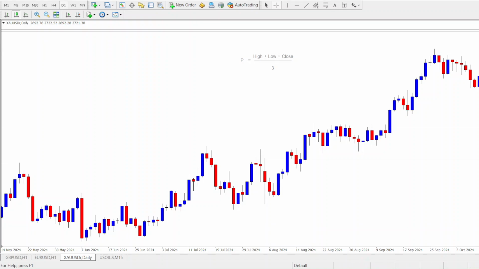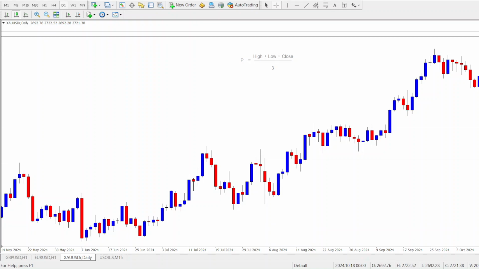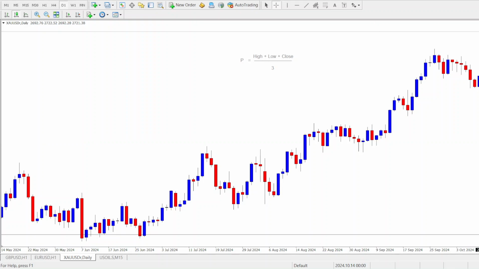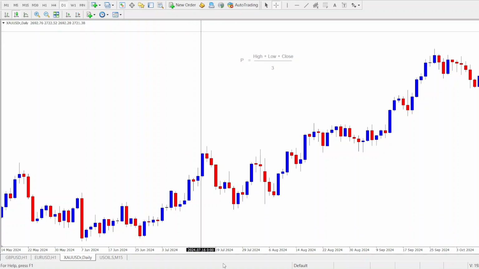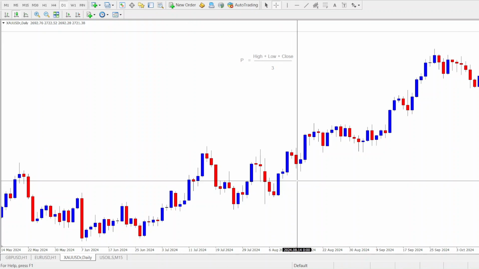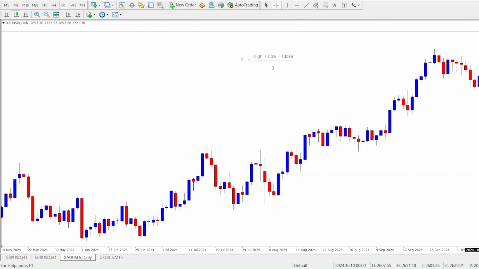Just look below and you will see the OHLC, right about this place. Let's use this as the previous day, and let's use the exact figures. The high is 27.22.